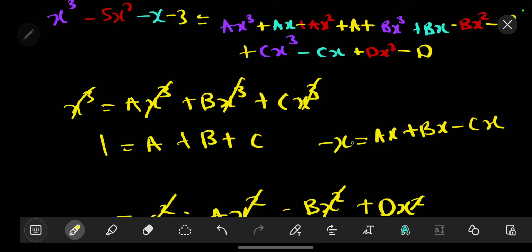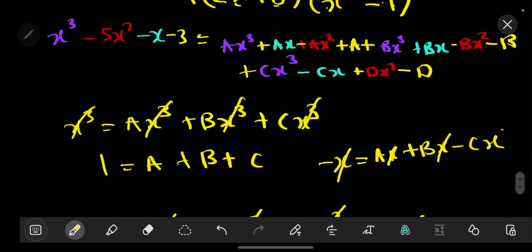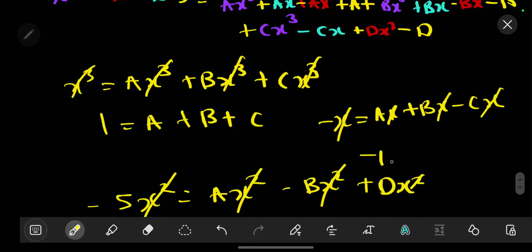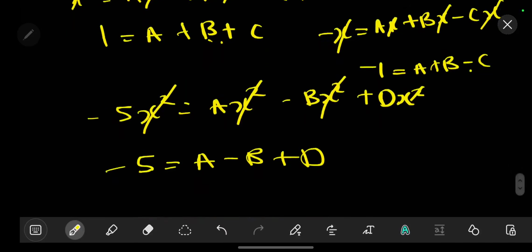So we are going to cancel the x, which will be negative 1 is equal to a plus b minus c. Already having these two equations, this one and this one, can be solved simultaneously.